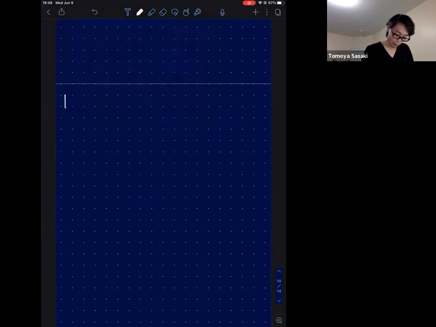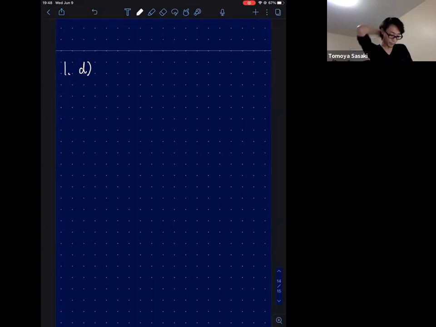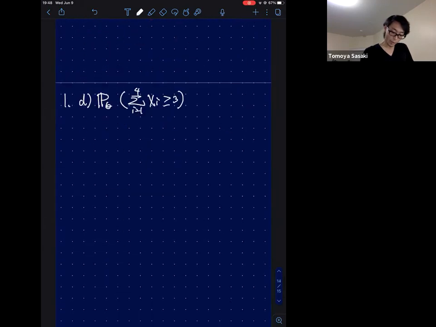So I don't want to rush, but I want to go a little bit quick here. So I'm not going to go into detail for this question, but question D is basically asking, when P star is equal to 0.9, what is the probability that we're going to observe 3 or greater heads?